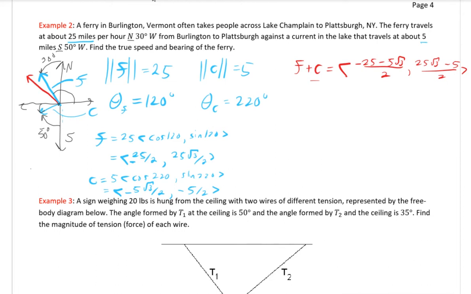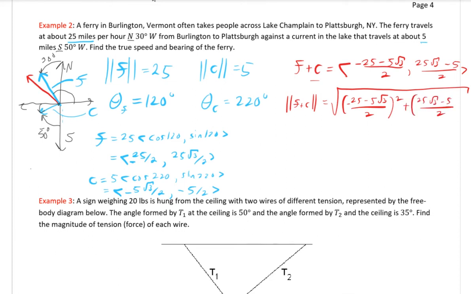So if we want to find the magnitude of f plus c, what we want to do is the square root of each of these terms, negative 25 minus 5 root 3 over 2 squared, and then the other term, 25 root 3 minus 5 over 2 quantity squared.